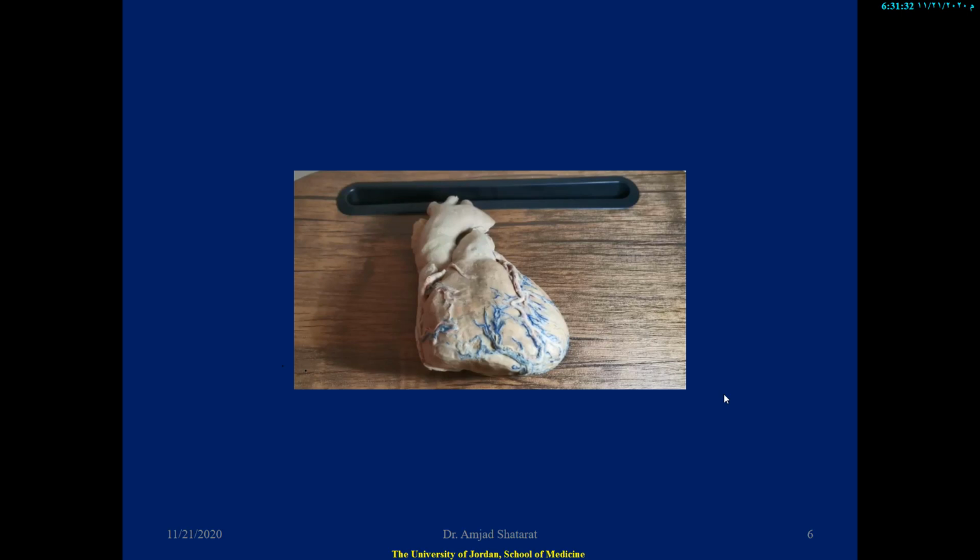It is where the sounds of the closure of the mitral valve can be listened to. This is the apex of the heart.